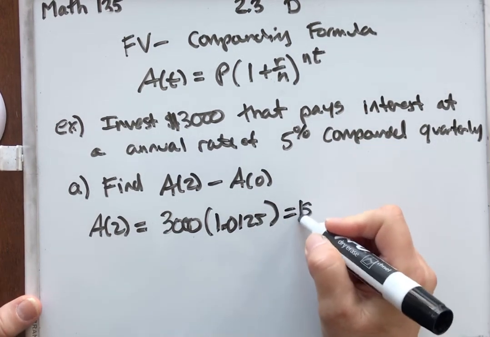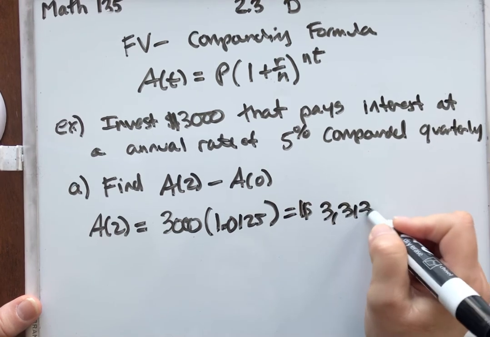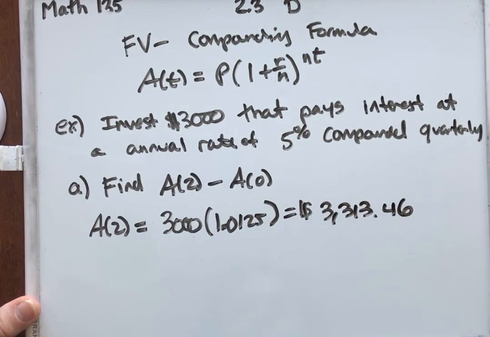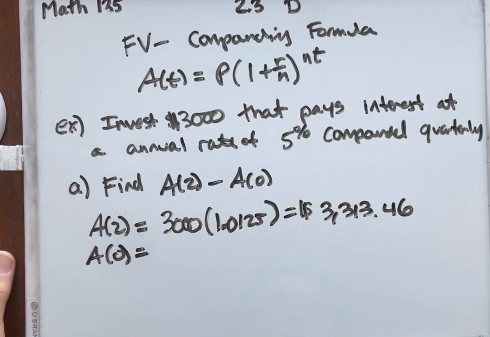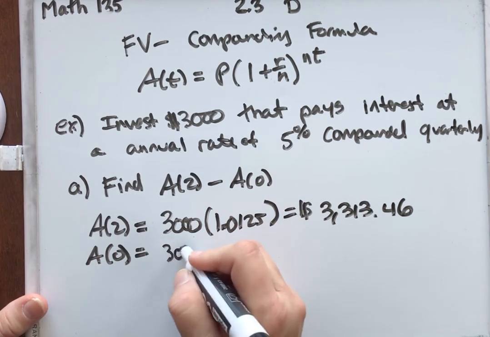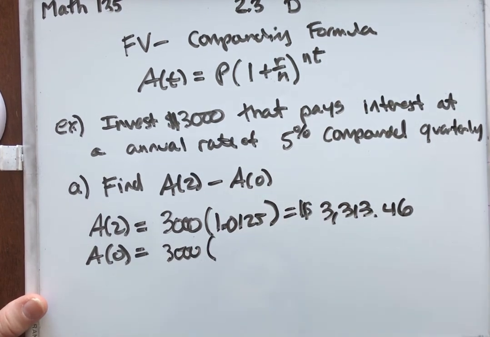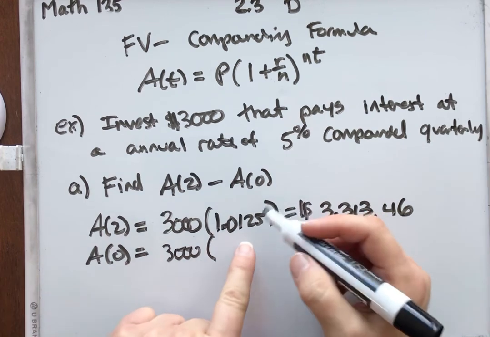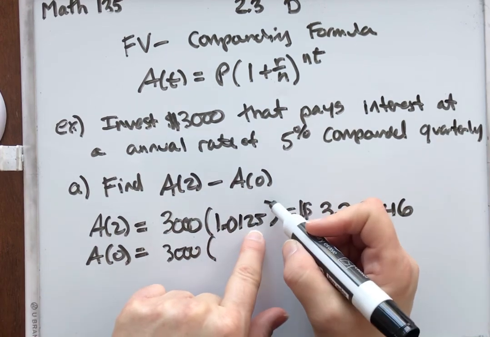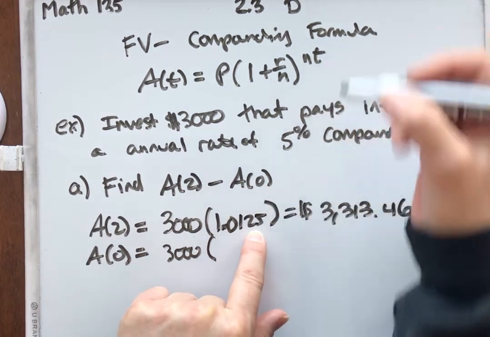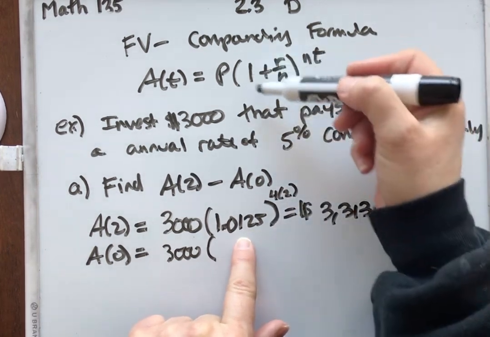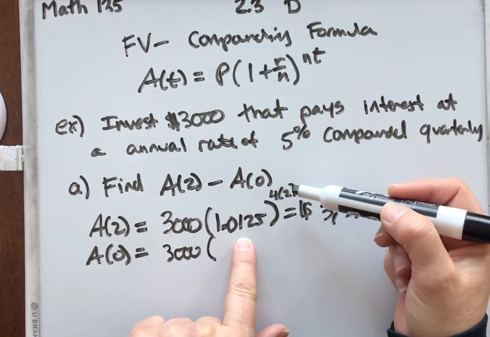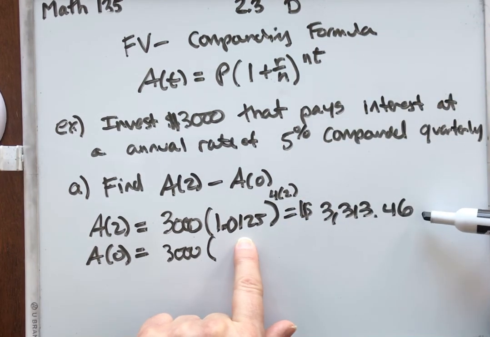And that ends up to be $3,313.46. Oh, I'm sorry, I made a mistake here. It's 1.0125 to the power of nt, which is 4 times 2. Sorry about that.